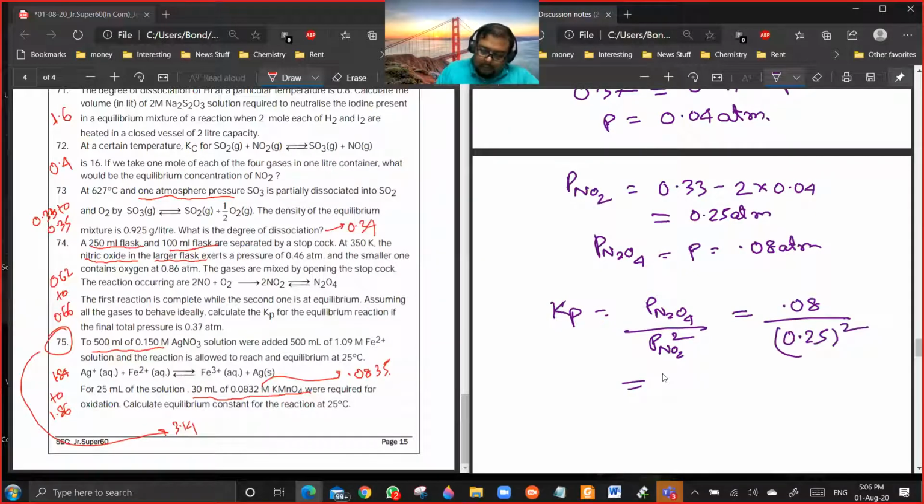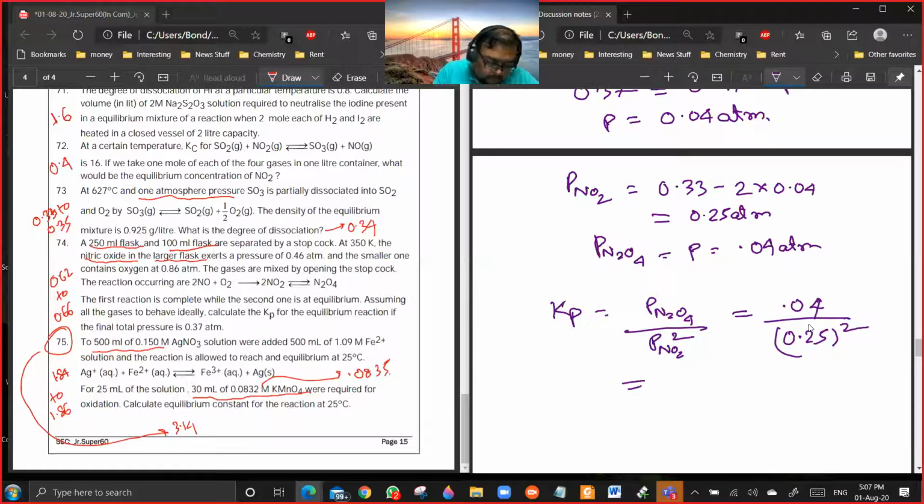Okay. So they're asking Kp only. Okay, so let me check. It will be 0.04 divided by 0.25 square. Okay, yeah, it will be 0.04, yeah.